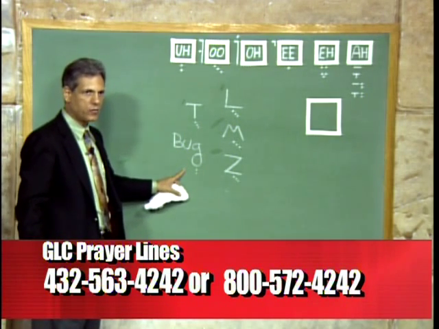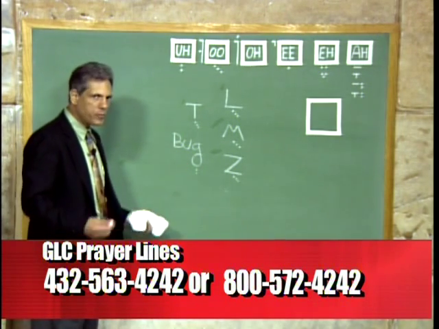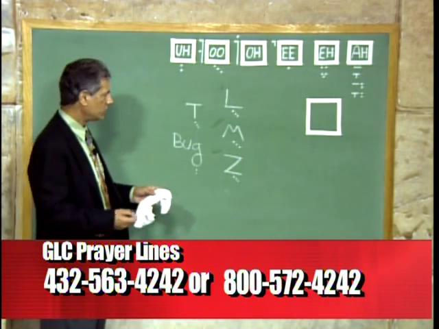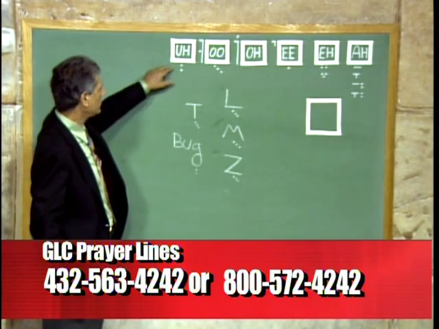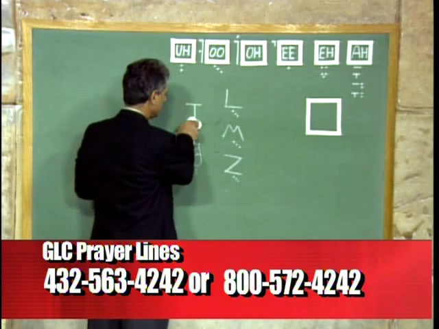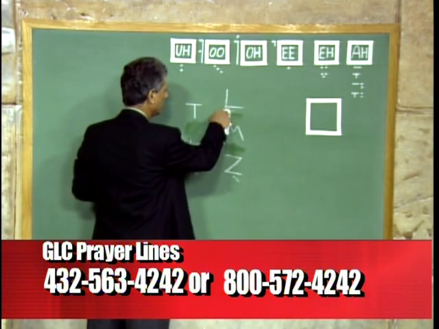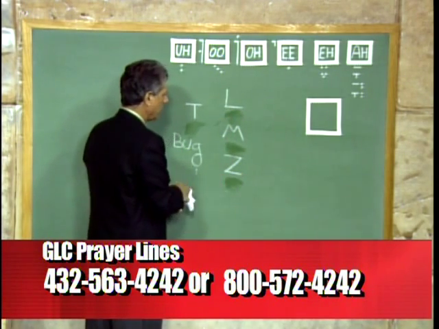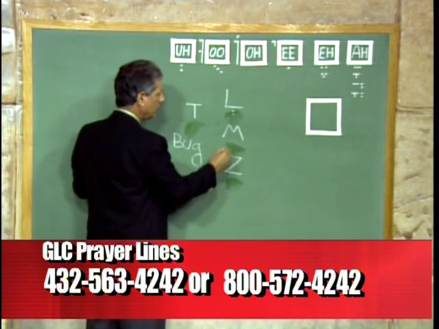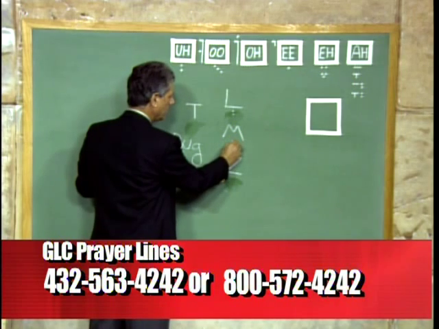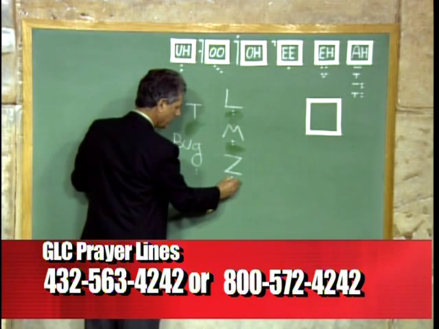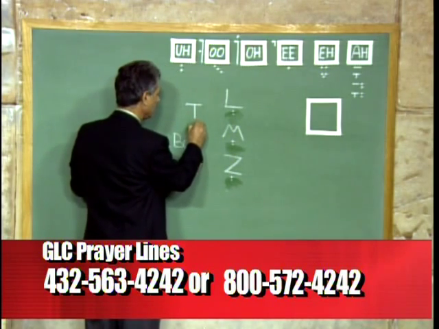The sound, bug. Abdomen. The short sound. So here is your... If I do it under those examples we discussed before, then we have an L under the L, M under the Mem, Z and T, and so forth.